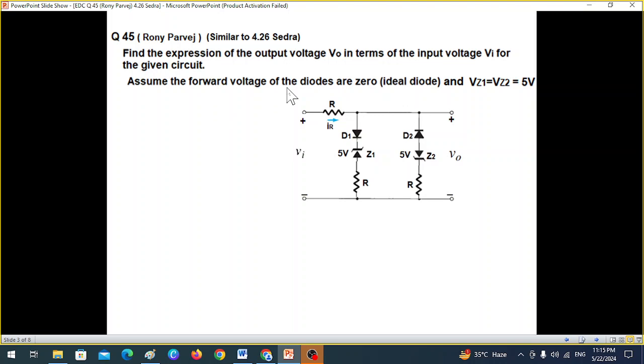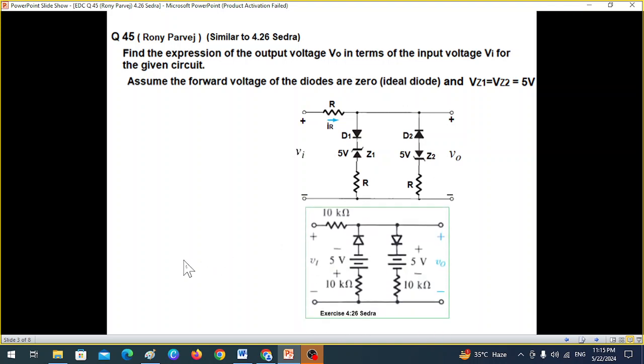Assume the forward voltages of the diodes are 0. That means these two diodes are to be considered ideal diodes, and VZ1, VZ2 of the Zener diodes are 5 volt. As I was mentioning, in example 4.2 we did a similar question, only instead of Zener we had two batteries.